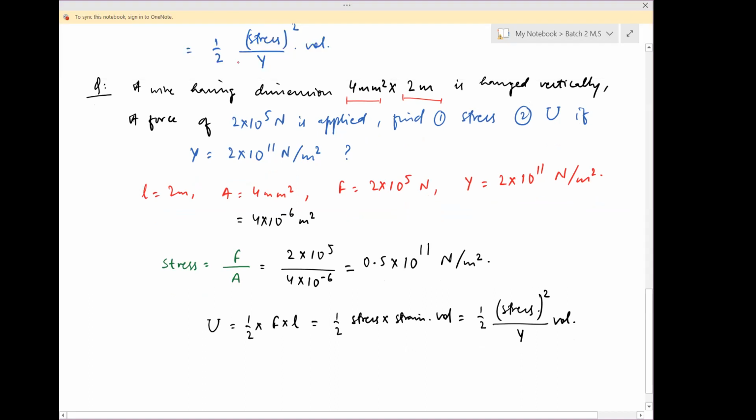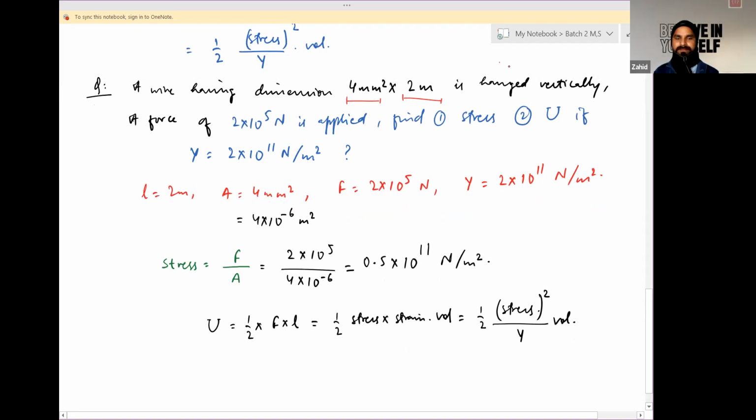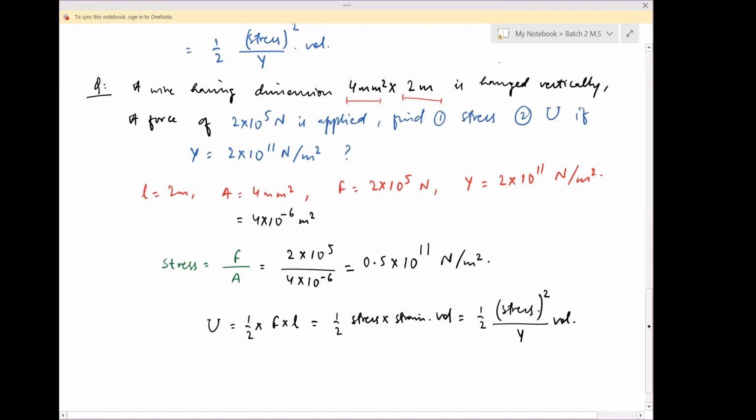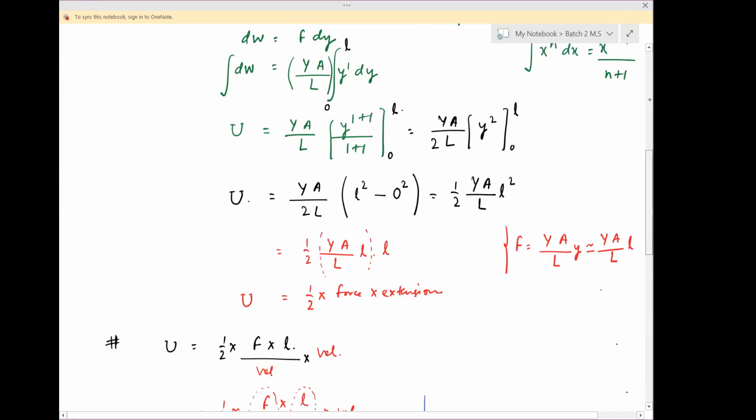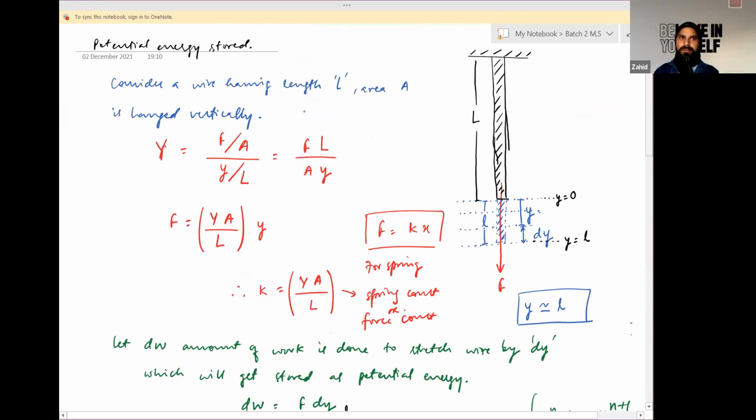Sir, can you just show what you did in 30 minutes? Okay, just 1 minute. We have started from this part, how to calculate potential energy stored in a wire. You may take a screenshot from this. Yes, sir.